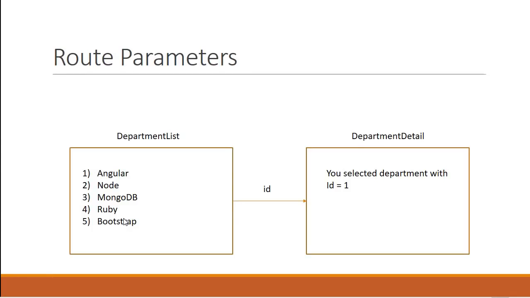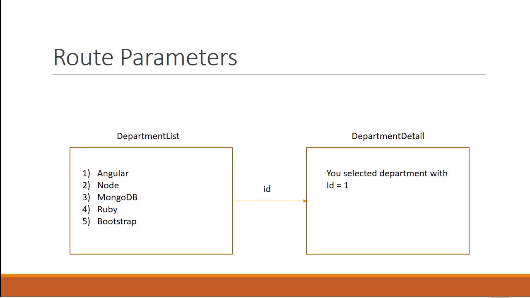When you click on a department, we will navigate to the department detail component, passing the ID of the department as a route parameter. And in the department detail component, we will read that route parameter and display the ID in the view. For example, you click on Angular, it says you selected department with ID is equal to 1.